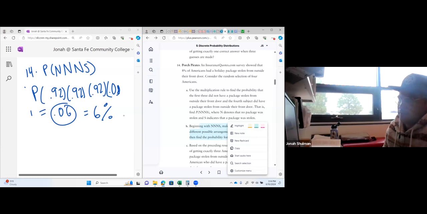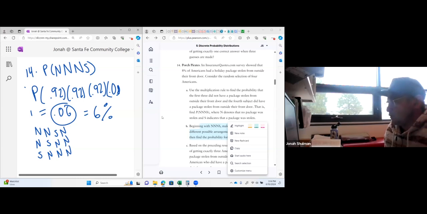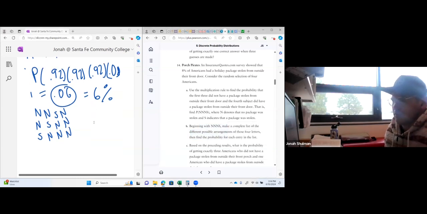So we have N, N, S, N, and so on, beginning with the one we just did, N, N, N, S. So these are all the options, and we have to figure out the probability for each. This one's 0.06. If we're just moving these around, they're going to be 0.06 every time, I believe.